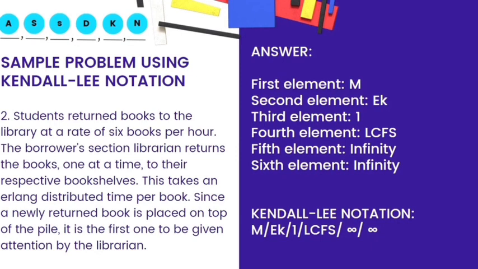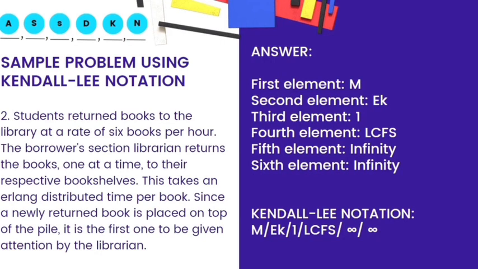For the second element, we have the service time distribution, and it pertains to the time the librarian returns the book to the bookshelves. That is Erlang distributed. Hence, we can use E sub k. For the third element, the number of servers, we assume the librarian is 1. For the fourth element, instead of first come first served, we have last come first served, because the problem states that the last student who returned a book will be piled on top.